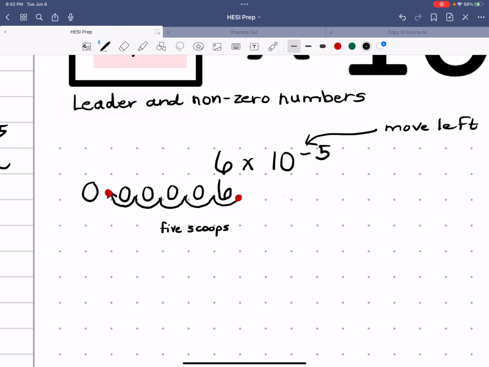So 6 times 10 to the negative 5th power. Let's count these places. There's tenths, hundredths, thousandths, 10,000ths, 100,000ths. So you would write this in word form as 600,000ths.